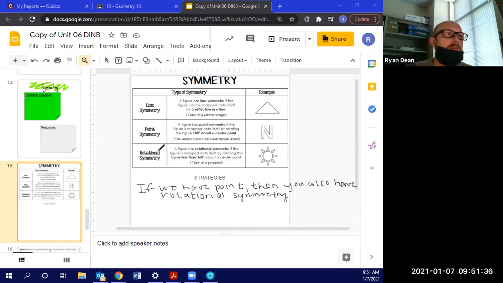Just because you have rotational symmetry does not mean that you have point symmetry. So it doesn't go the other way around.